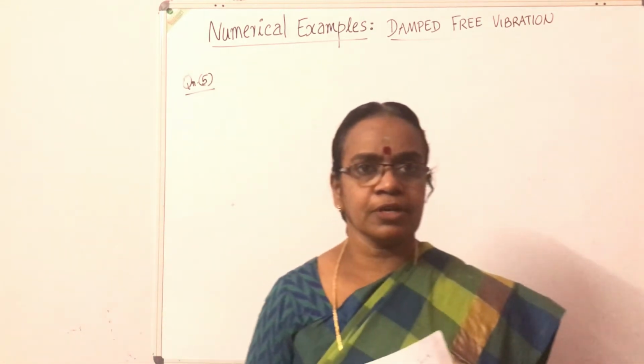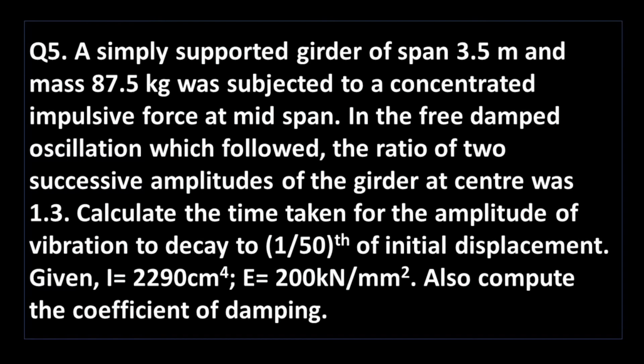So coming to question number 5. A simply supported girder of span 3.5 meter and mass 87.5 kilogram was subjected to a concentrated impulsive force at midspan. In the free damped oscillation which followed, the ratio of two successive amplitudes of the girder at center was 1.3.